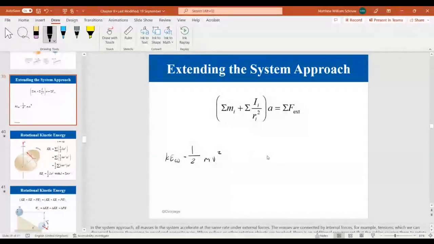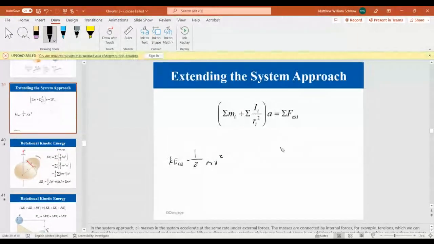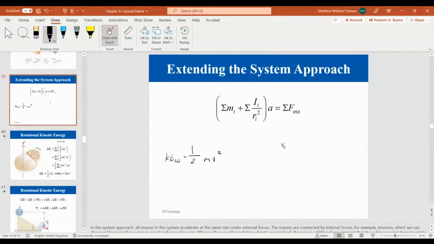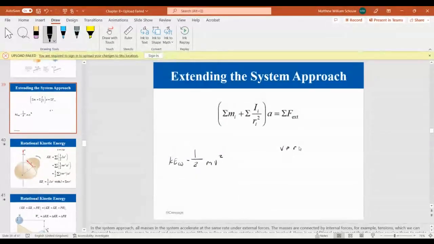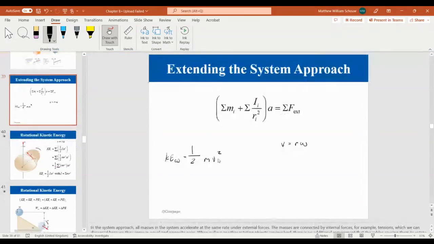Moving on to the rotational case, one thing we know is that your linear velocity is equal to radius times omega. I'm sure we're all familiar with this. Then we substitute this formula into that one.